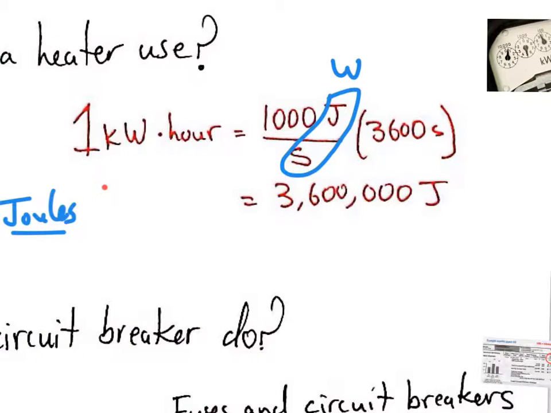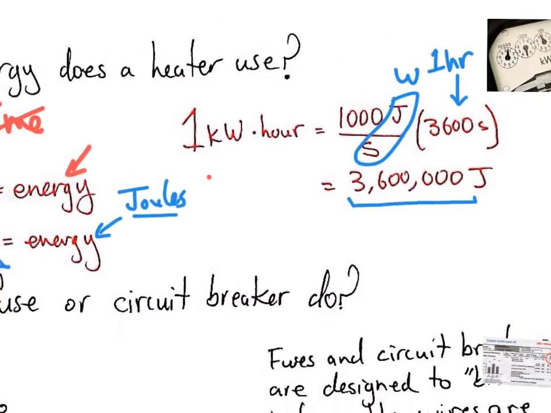So we have 1,000 watts, and then times 1 hour, and we know that 1 hour is 60 times 60 seconds, so 3,600 seconds. And when we multiply, we get 3,600,000 joules of energy as a kilowatt hour. So again, this number is easier to deal with than this when we're talking about large amounts of energy, such as what we would use in our homes.